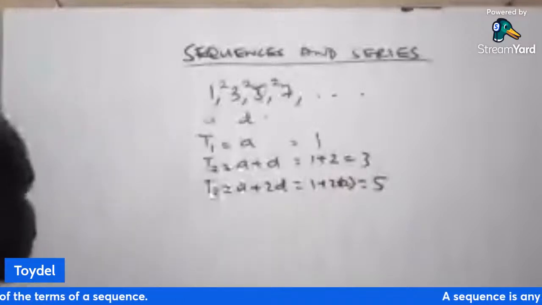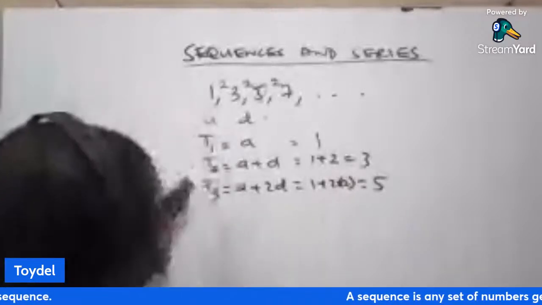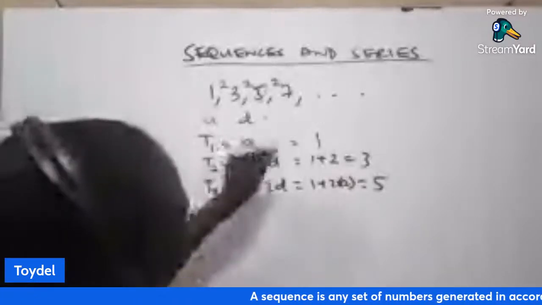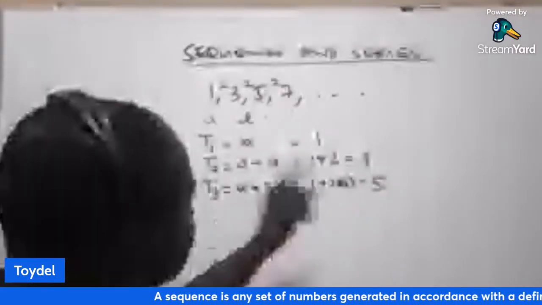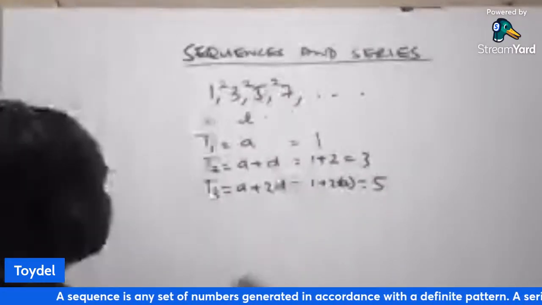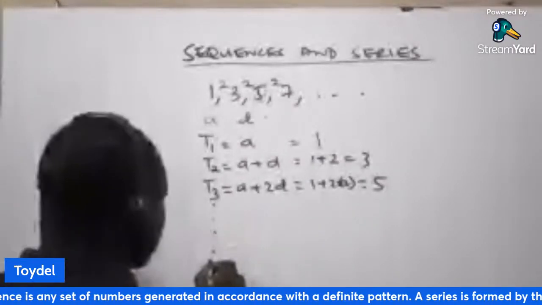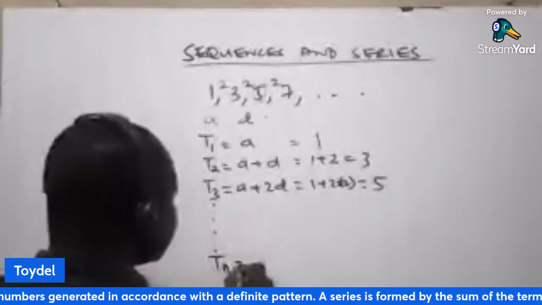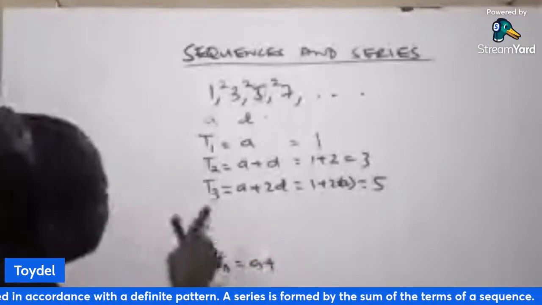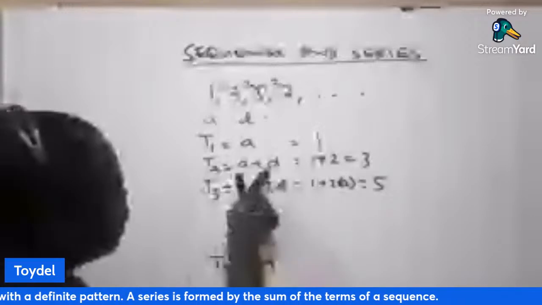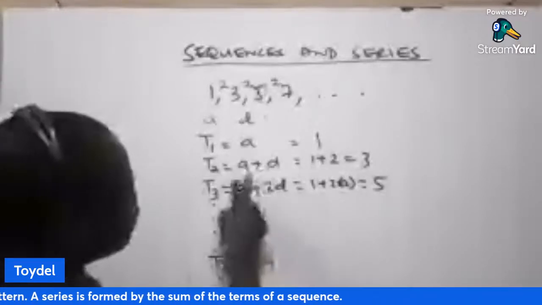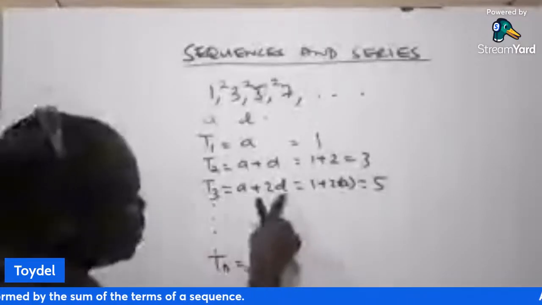You realize that if we continue in this order, we can actually generate the last term, which is called the nth term of this sequence. And if we do that, we are going to have Tn, which is equal to a plus, look at it, when we have the 2nd term, the coefficient of d is 1. When we have the 3rd term, the coefficient of d is 2.